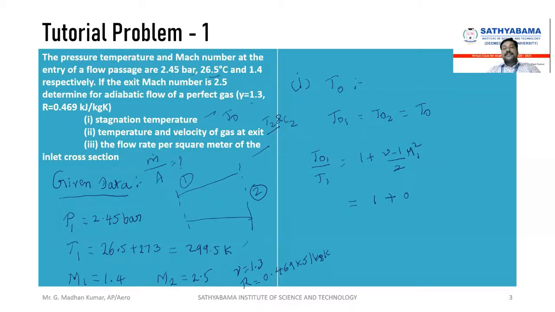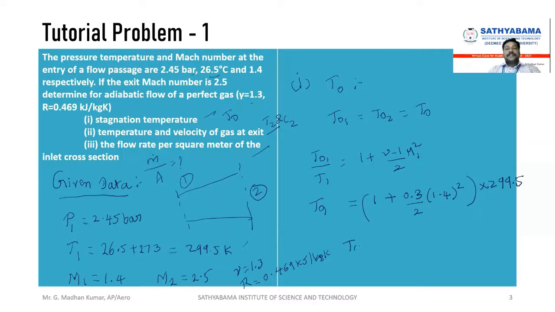Write down all those values in the given formula, and then substitute. It is nothing but 1 plus 0.3 divided by 2, and then what is your Mach number M1? M1 is 1.4, whole square, right? And then T01 divided by the denominator T1. What is your T1? T1 in Kelvin is 299.5, right?